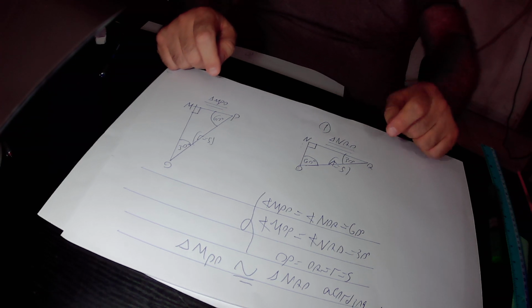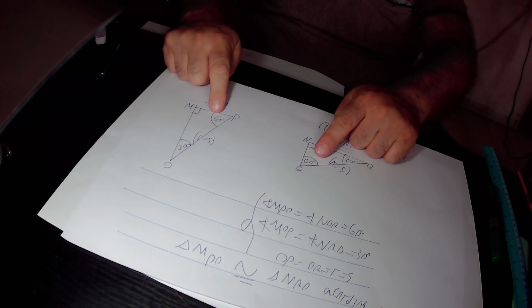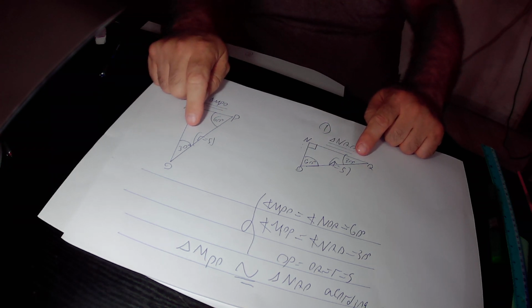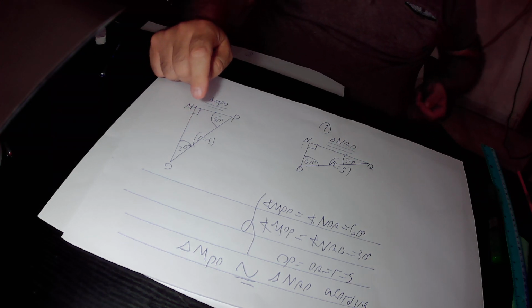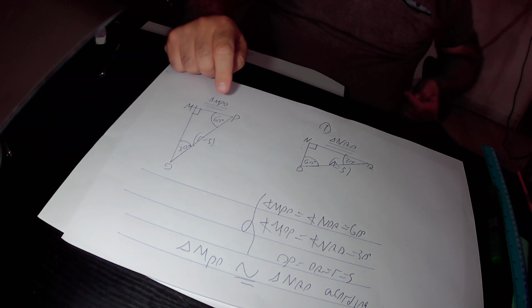So why can those two right triangles be congruent? First of all, those two angles are both equal to 60 degrees, and therefore they are equal to each other. In addition, those two angles are both equal to 30 degrees, and therefore they are equal to each other. And finally, OP equals OQ, they are both the radius of the sector, that is equal to 5, therefore they are equal to each other.